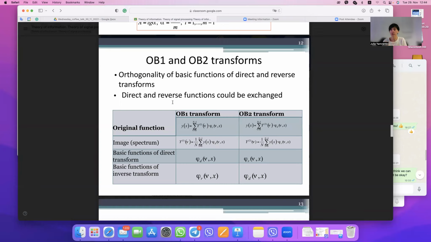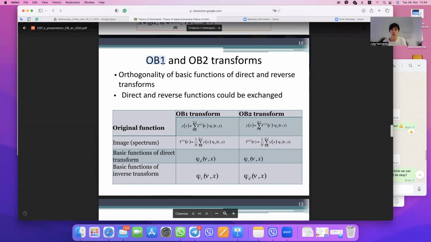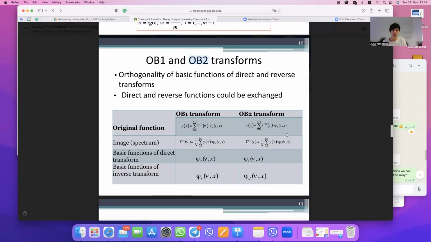The answer is yes, it's possible, and it means that there are two modifications, at least for the moment, of this transform, called the OB1 and OB2 transform. And here the table illustrates these two modifications, OB1 and OB2.